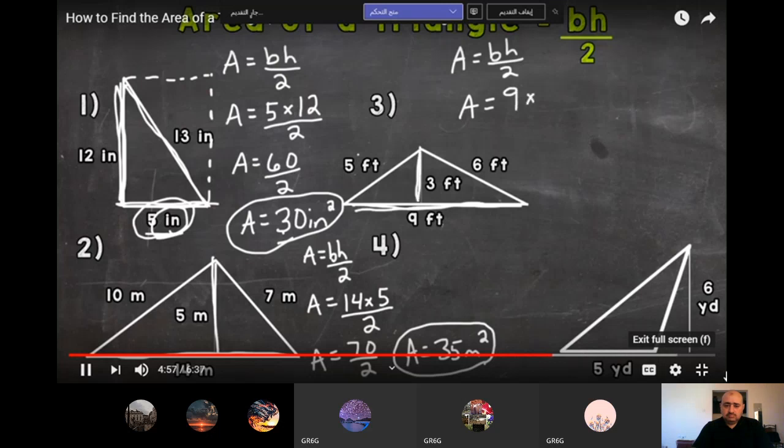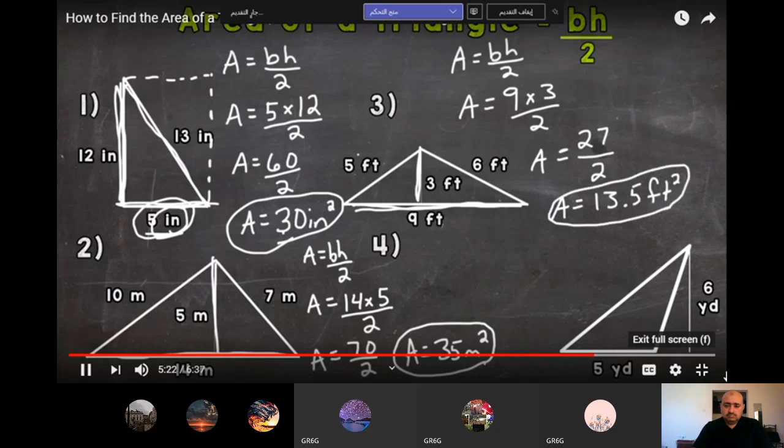How tall is that triangle? 3 feet. And we divide that by 2. So we get 9 times 3 is 27, divided by 2. So our area, and this one's actually going to give us a decimal, is 13.5 or 13 5/10 square feet.